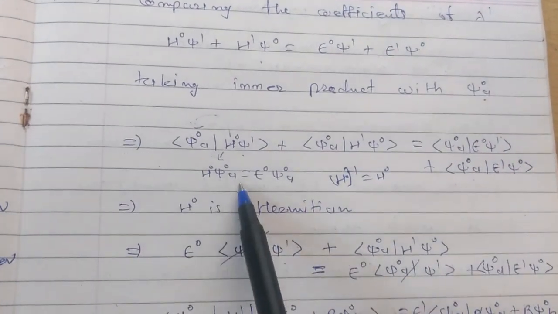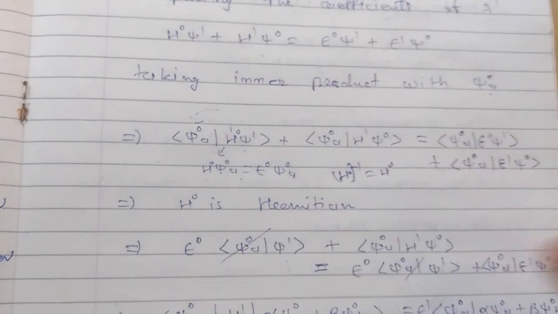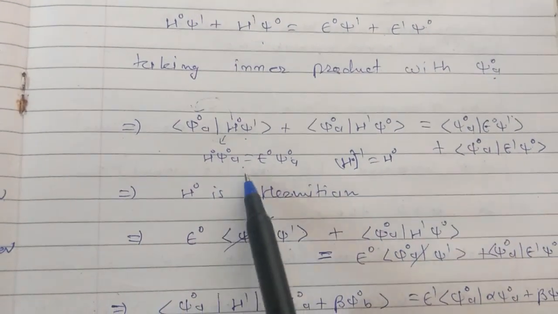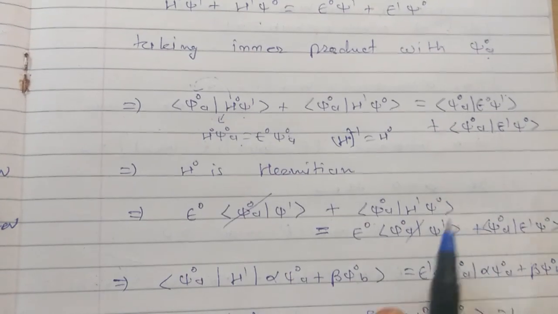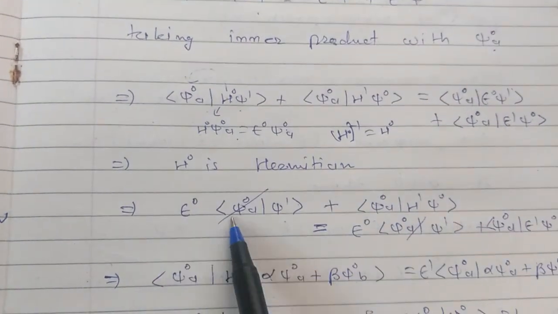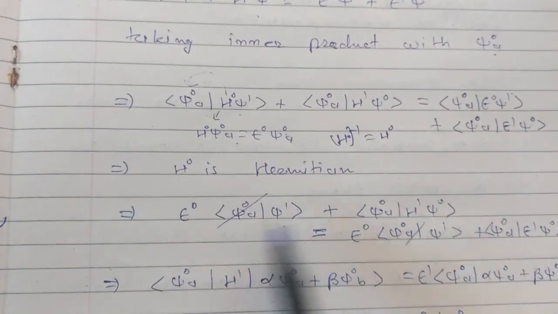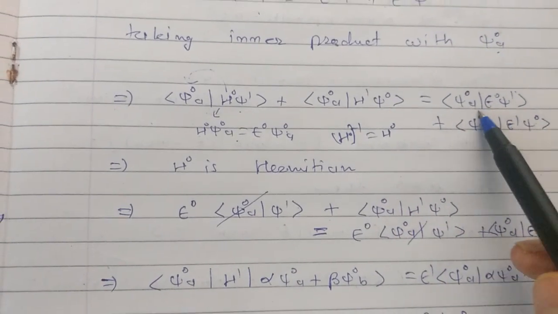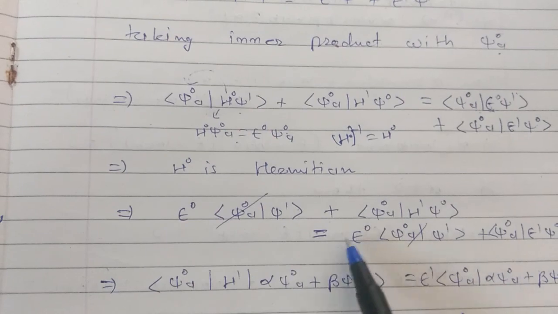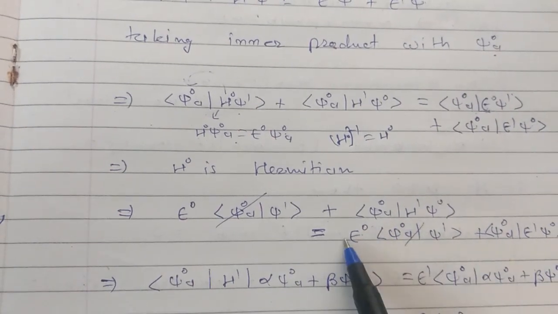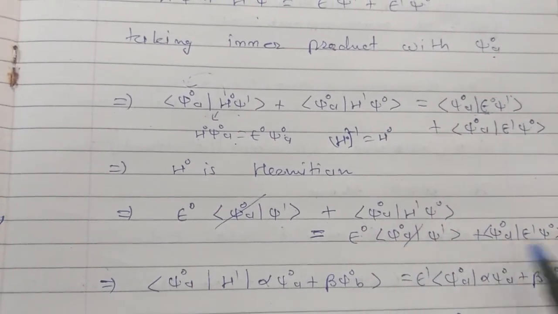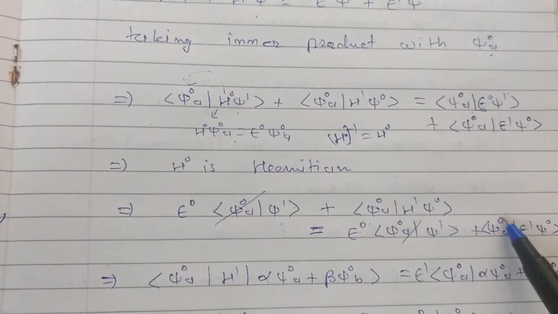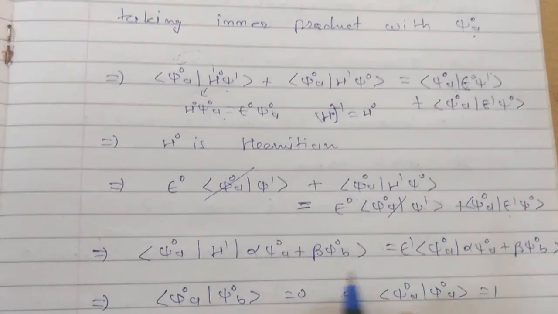So H naught psi naught A equals E naught psi naught A for the unperturbed system. So basically E naught psi naught of A psi 1 plus psi naught of A H1 psi naught, and here E naught is a constant, so we can put it outside: E naught psi naught of A psi 1 plus psi naught of A E1 psi naught.